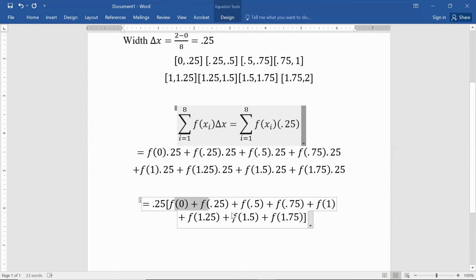And that's all added up, and then you can multiply that sum by 0.25.